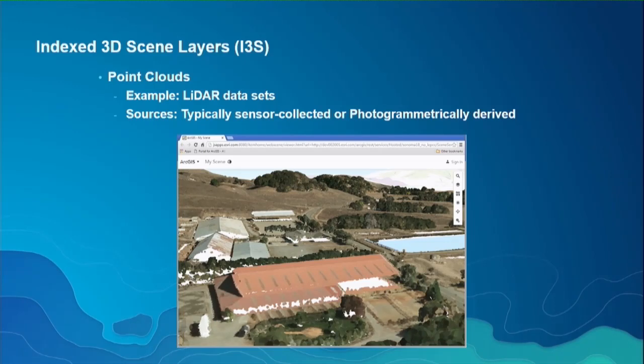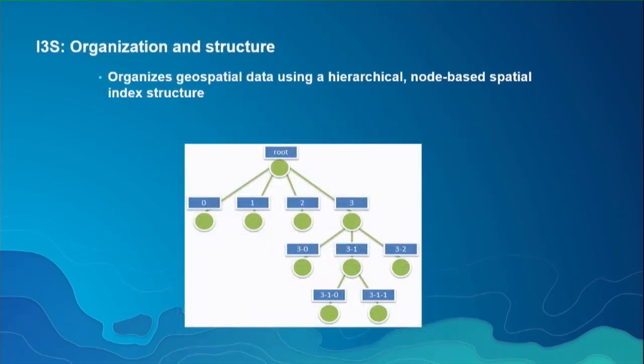And then when we're ready to share the standard or the specification in our GitHub resource, we take it also to OGC once it's ready to be adopted. So point cloud layers, also typically sourced from LiDAR datasets, are the fourth type of layer that is supported within I3S.